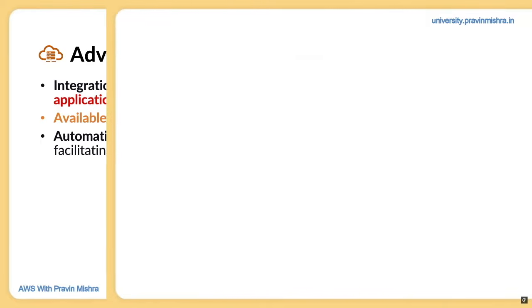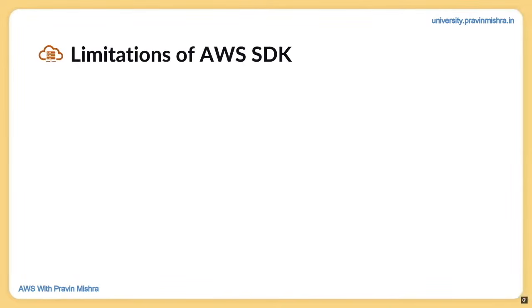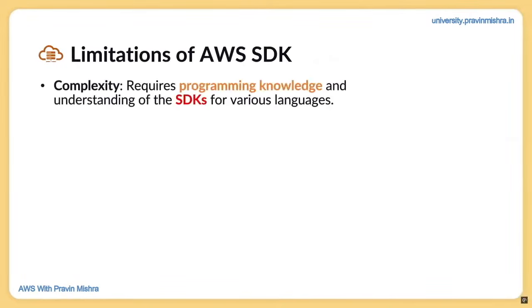Now, let's look into some limitations of SDK. First is complexity. It requires programming knowledge and understanding of the SDK for various languages. As I said, SDKs are developed in different languages, so you need to know the programming language if you want to use the SDK.